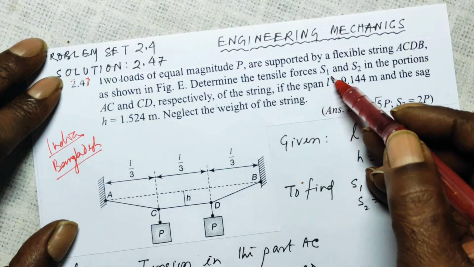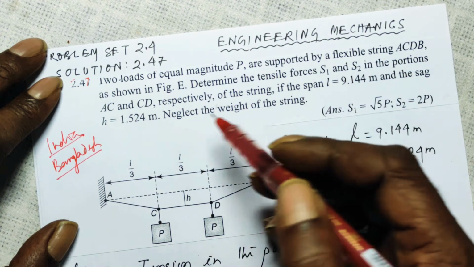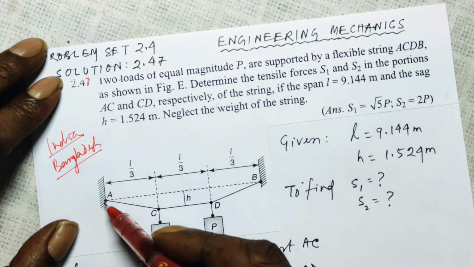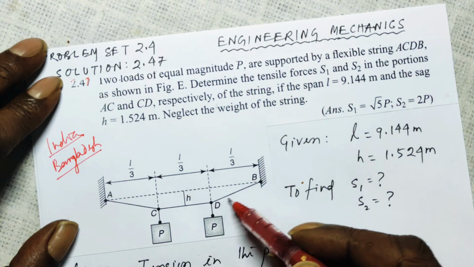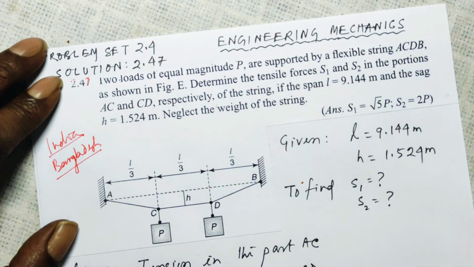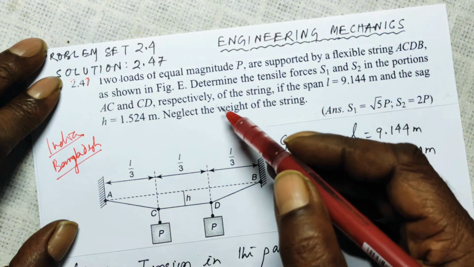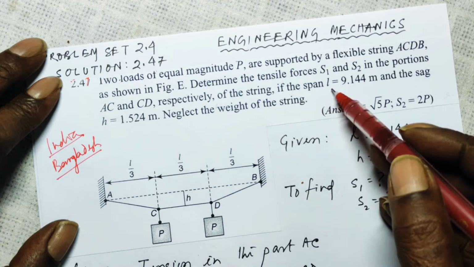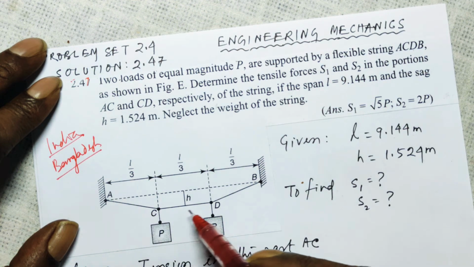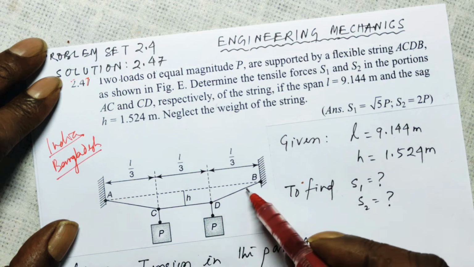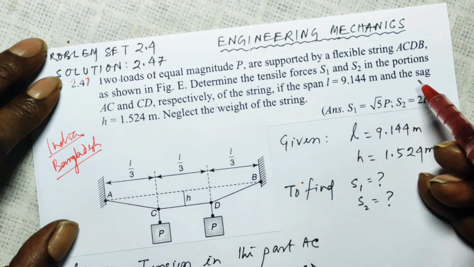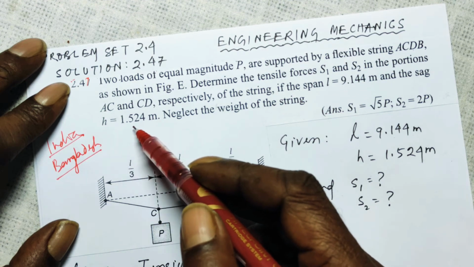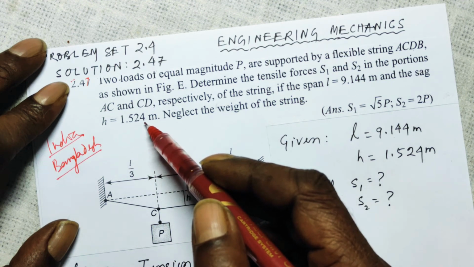Determine the tensile force S1 and S2 in the portions AC and CD. AC will have a tension force, CD will also have a tension force, DB will also have a force of tension along the string. Of the string, if the length L, that is ACDB, this whole length, is equal to 9.144 meter, and the sag H is equal to 1.524 meter.